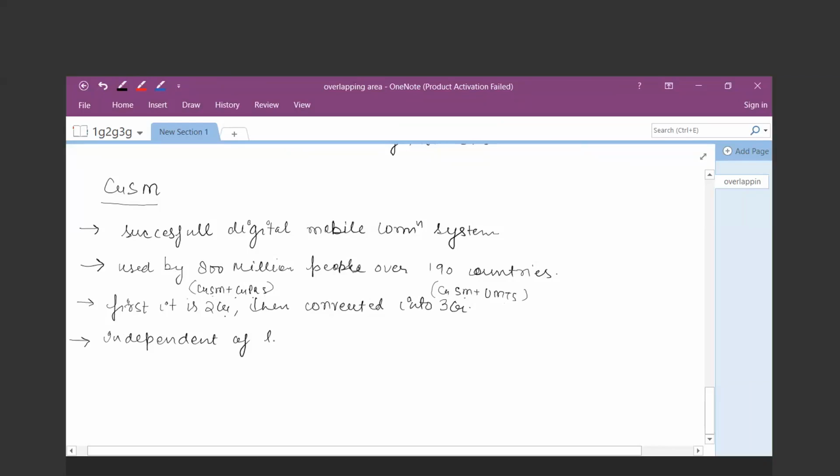And independent of location, GSM provides services. So it is not location based, you can freely move from one location to another location. And it supports two bands of bandwidth usage. If I talk about the bandwidth usage, it purchases two bandwidths from the ITU.